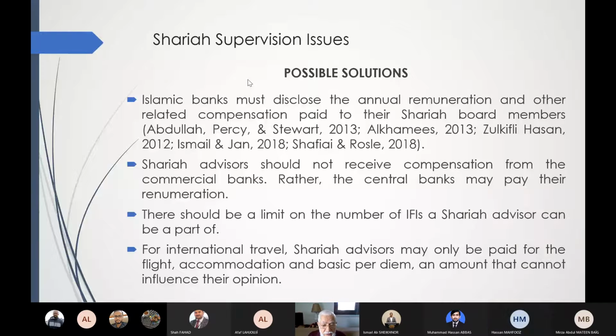Okay. So for Pakistan, is there any intervention in this regard in Sharia governance from the central bank? Yes, we have Islamic Banking Circular number 1 of 2021, Sharia Governance Framework. Clause number 2: the Sharia board members, except the RSBM, may serve on the Sharia boards of up to 3 IBIs in Pakistan.